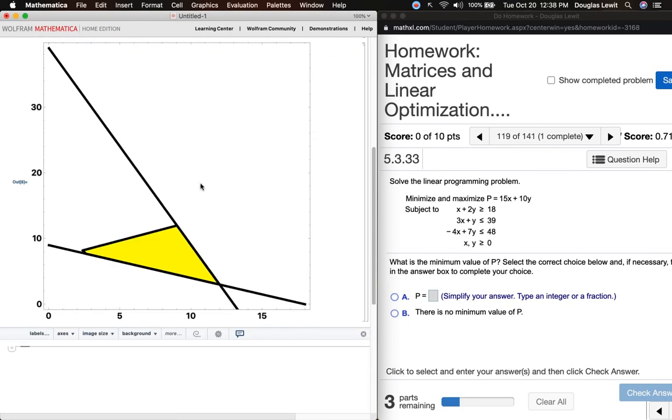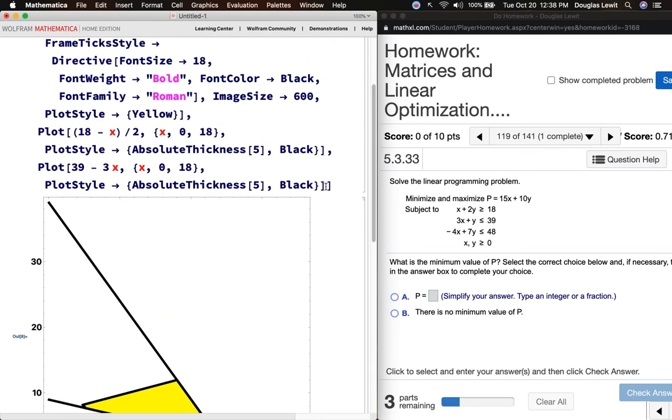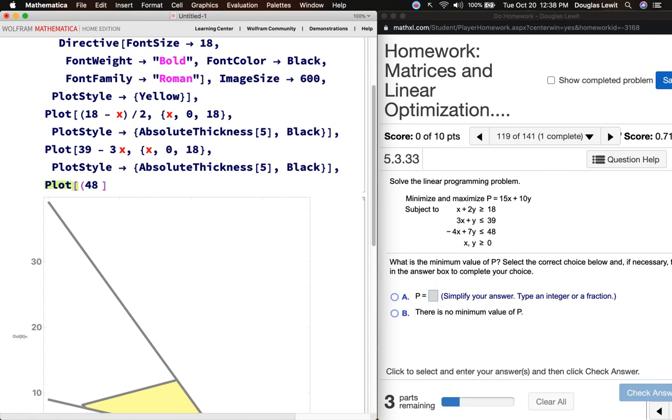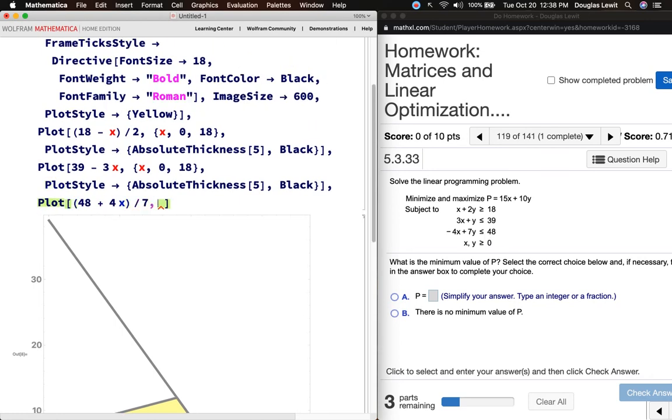Okay, so we need to graph one more line. That's this line over here. And let's see, plot. So we have the line negative 4x plus 7y is equal to 48. So that's going to be 48 plus 4x divided by 7.